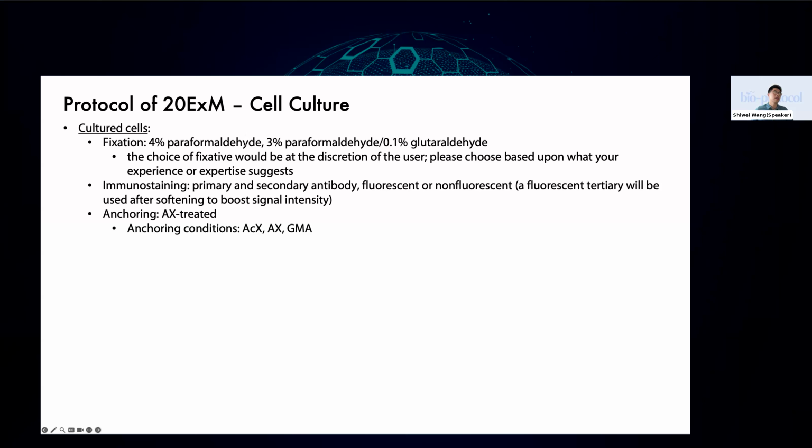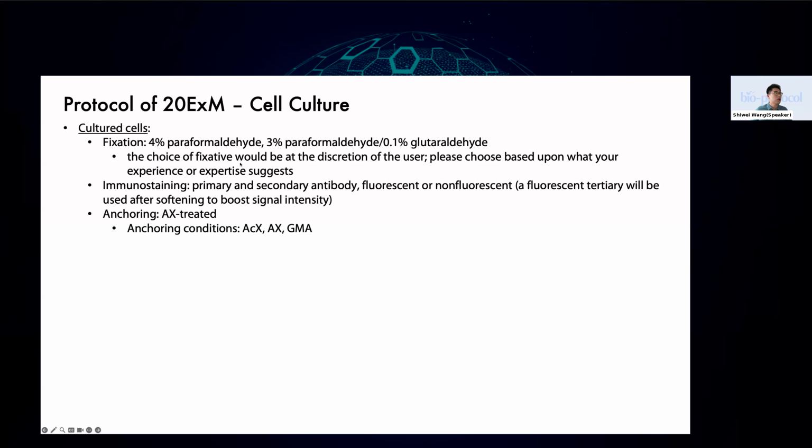Whereas if the structure is not sensitive to degradation, 4% PFA should be enough. And after fixation, we will perform immunostaining. You can find the protocol. All of the protocols that I will cover are also published with the paper in supplementary note 1, so you can access that online for free.